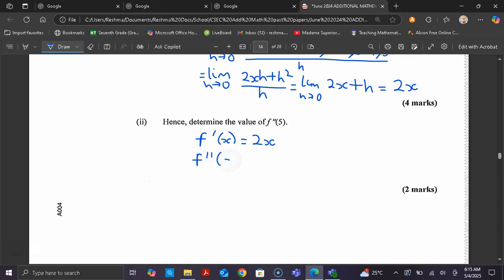The derivative of 2x would just be 2. So it doesn't matter the value of x, the second derivative will always be 2. So the second derivative at 5 will still be 2.